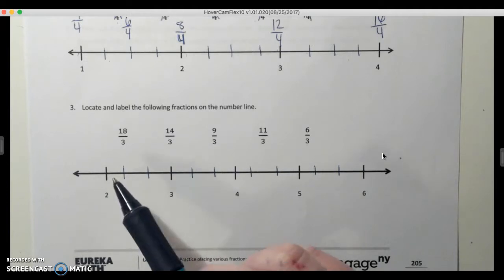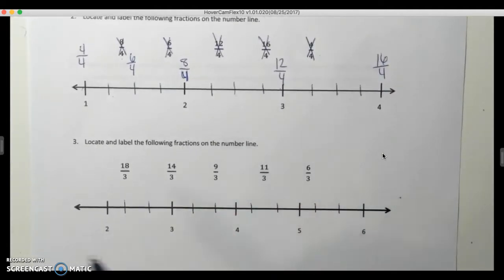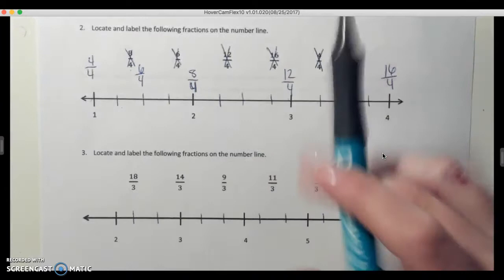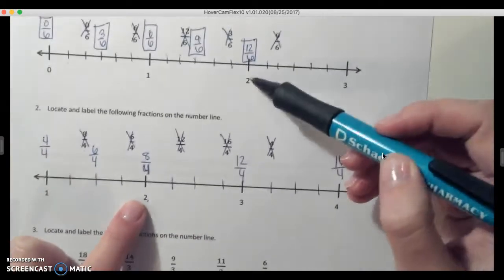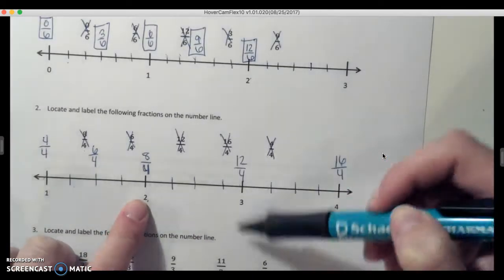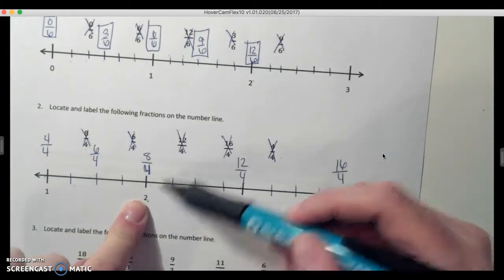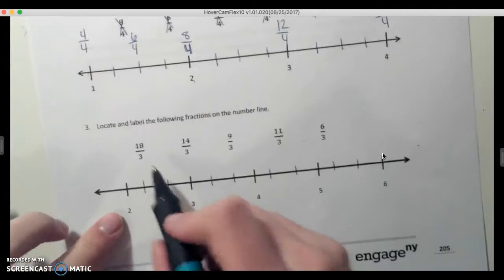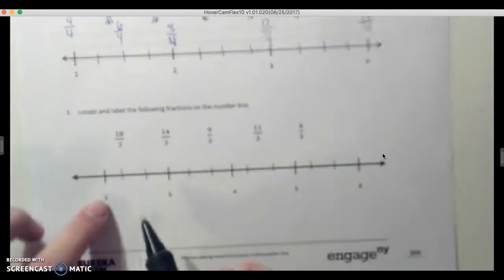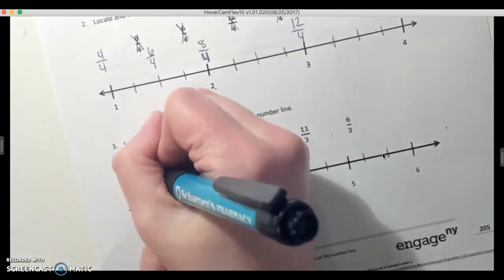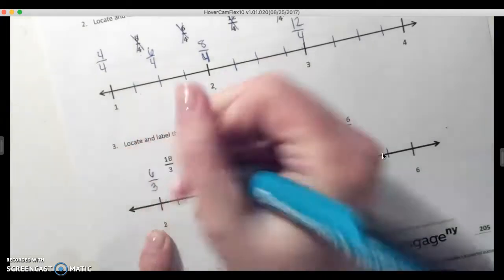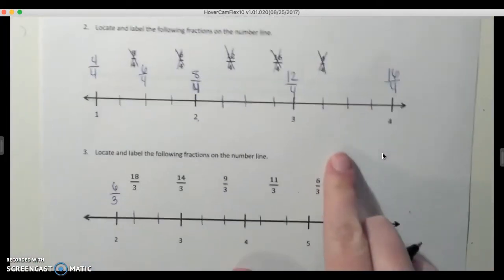And I know that if I look at the pattern between here and here on my 2's, if I double the denominator, that means that's where I'm on that 2. That makes 2 wholes. So I'm going to go ahead and double my denominator. And this would be 6/3 on that 2, just like it has been in the past.